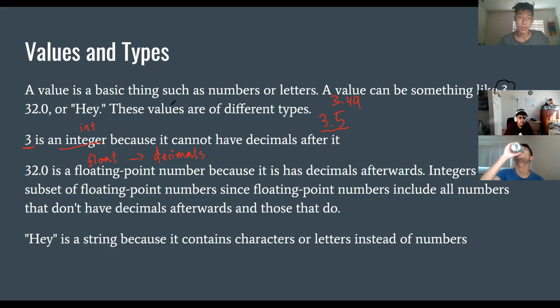Then there's another data type called the string. A string allows you to have characters and letters. The int and float are not going to allow you to have any letters or characters, but the string is. Let me clear my drawings, and then let's go to the next one.